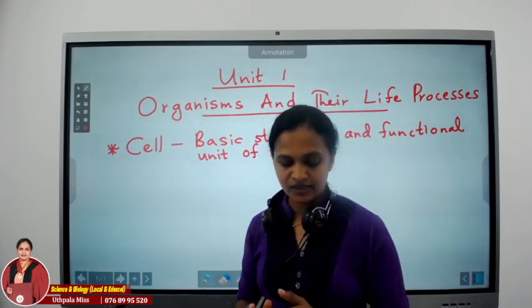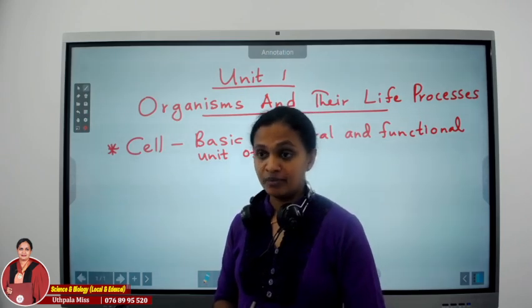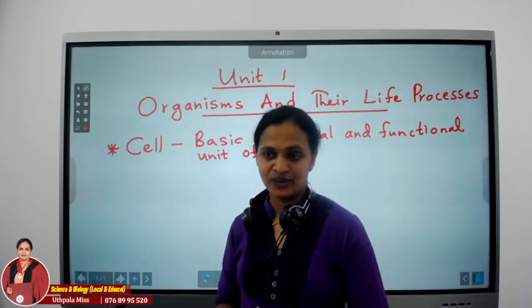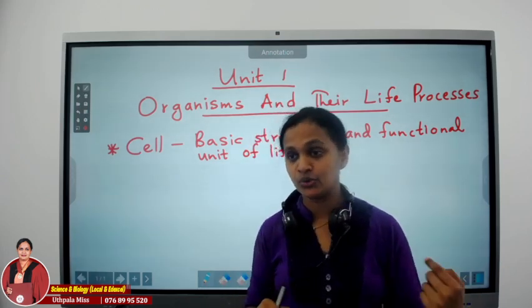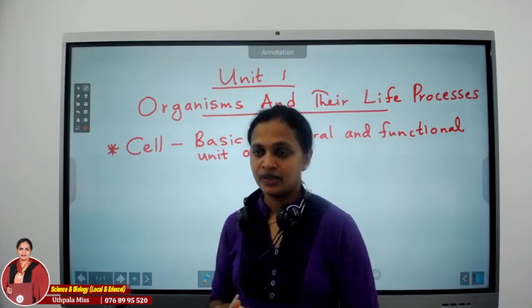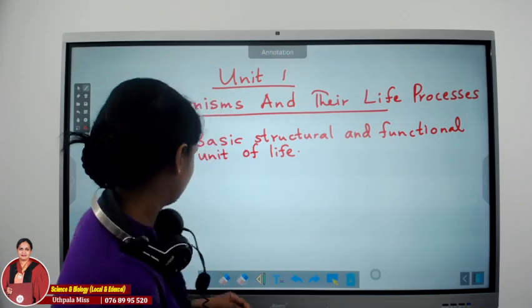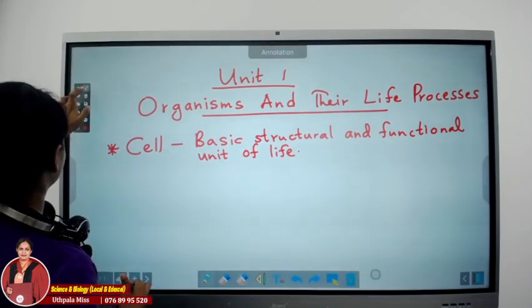Before that, based on the number of cells in living bodies, we can divide organisms. As I told earlier, they can be divided into two categories, unicellular and multicellular organisms. So we'll mention that also.